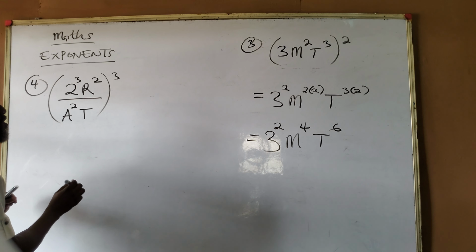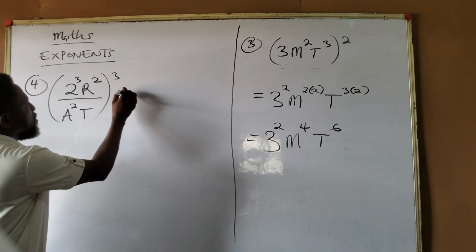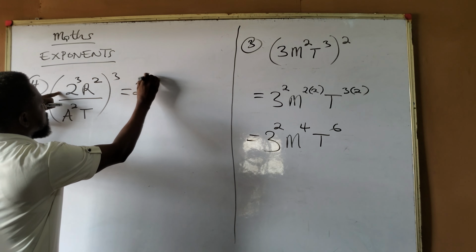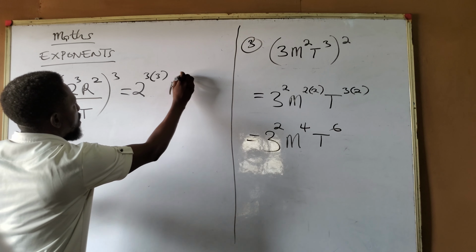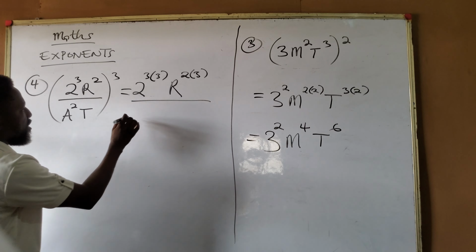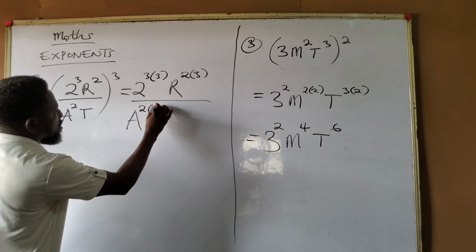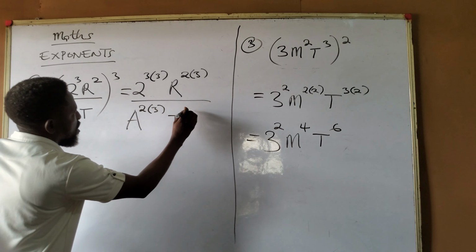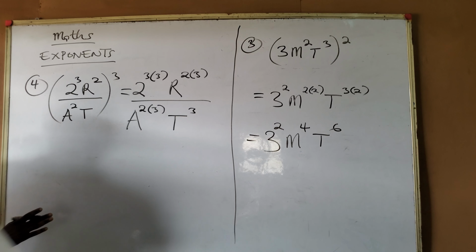This one will be the same thing as writing 2 to the power 3 times 3, r to the power 2 times 3, all over a to the power 2 times 3 and t to the power 3 times 1, which is 3, because t is the same as t to the power 1.